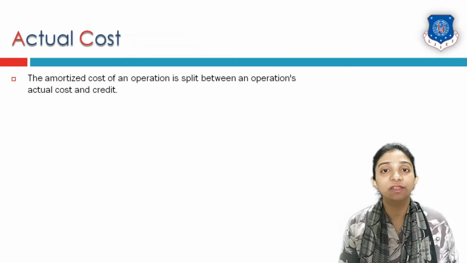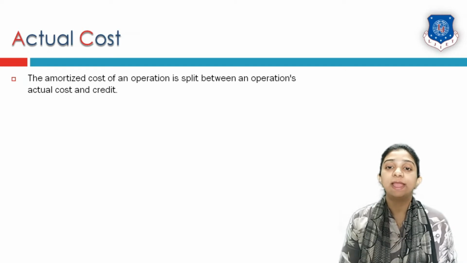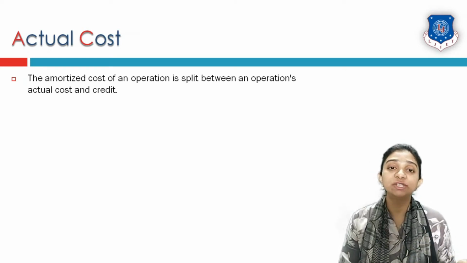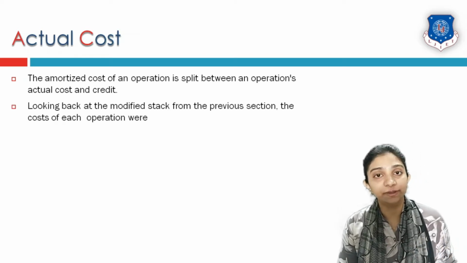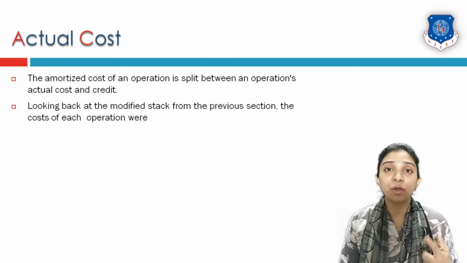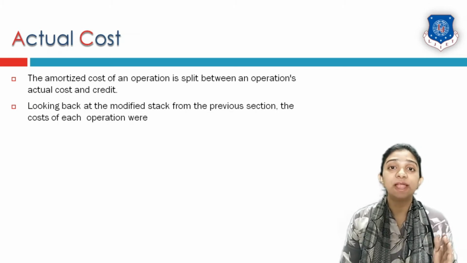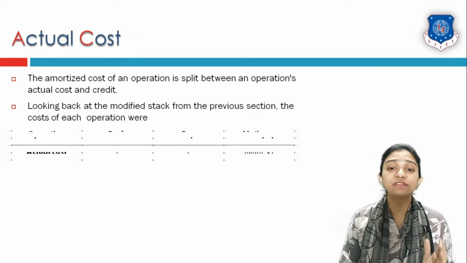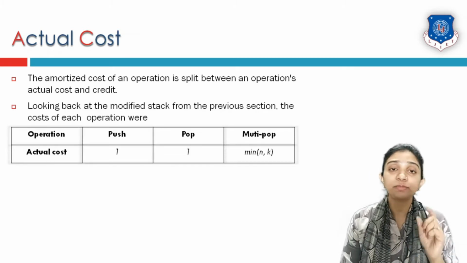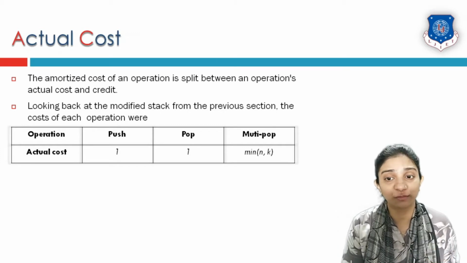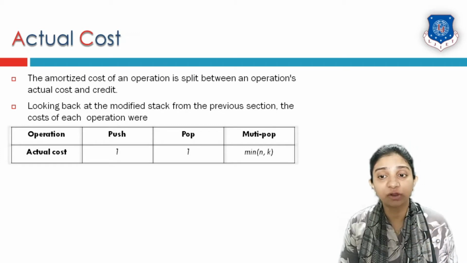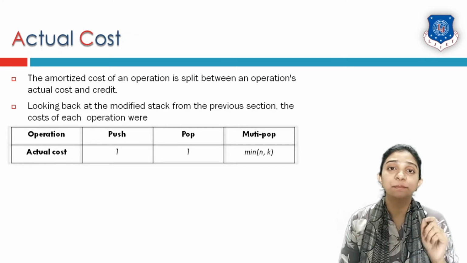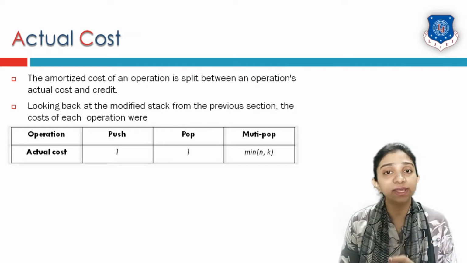Now let us see what an actual cost is. The amortized cost of an operation is a split between the operation's actual cost and its credit. Looking back at the modified stack example that we used in our previous video lecture, the actual cost of the push operation was 1, the pop operation was 1, and for the multi-pop operation, the actual cost is the minimum of n and k.